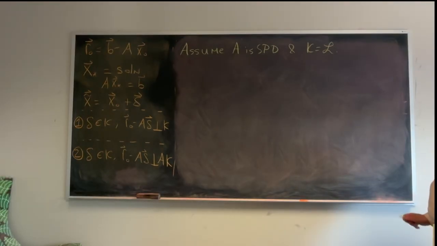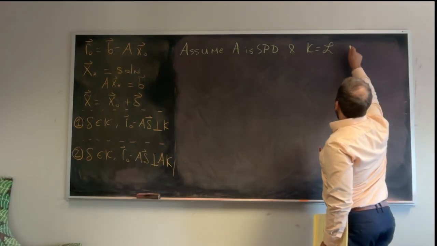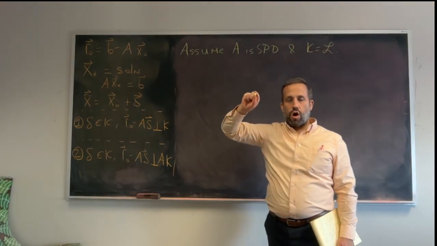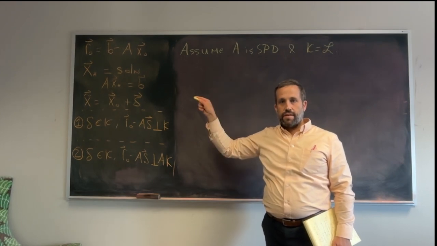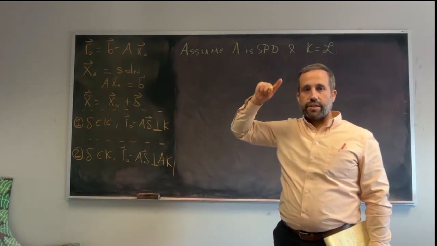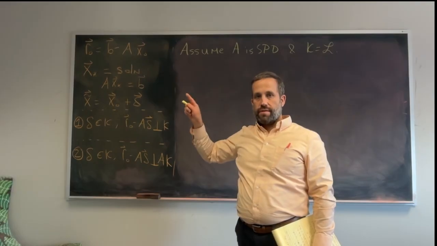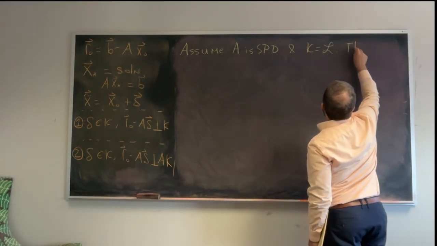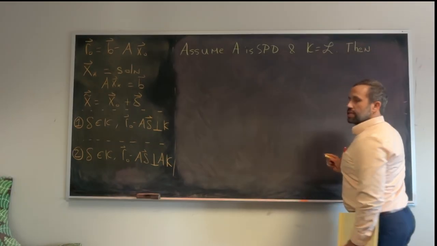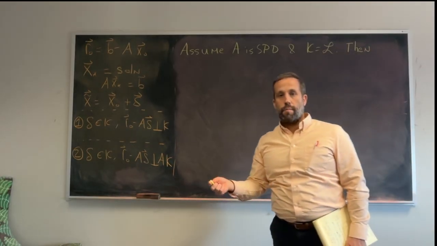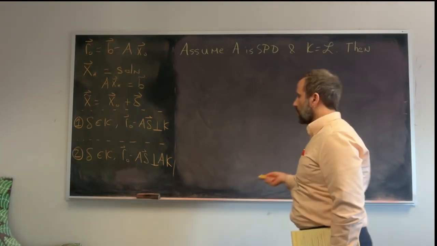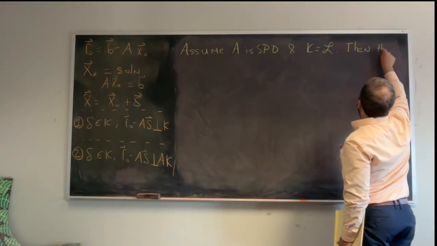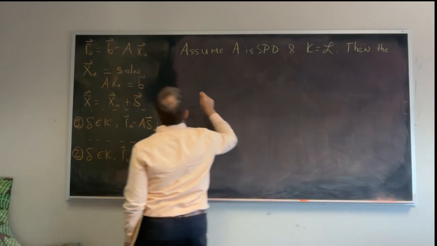What we want to do is minimize x star minus x, where x is equal to x naught plus delta. The minimization is going to happen in the A norm induced by the A inner product, which I'll describe in just a minute.